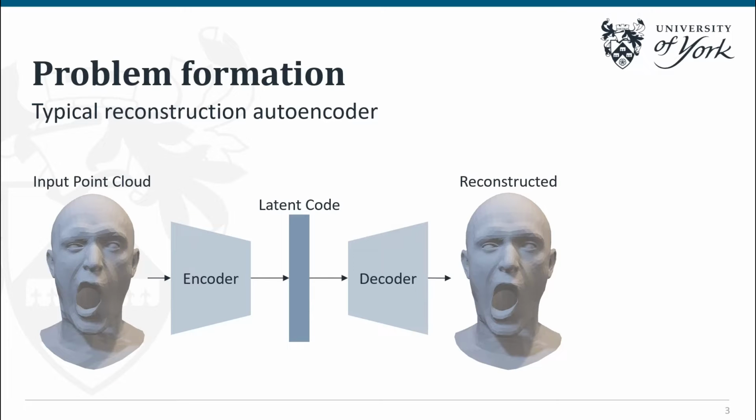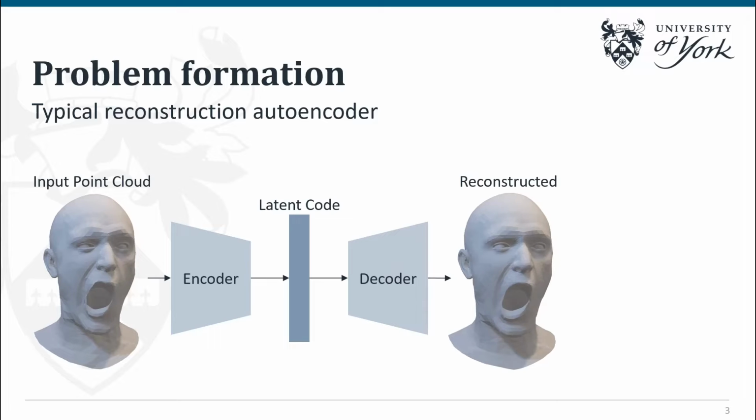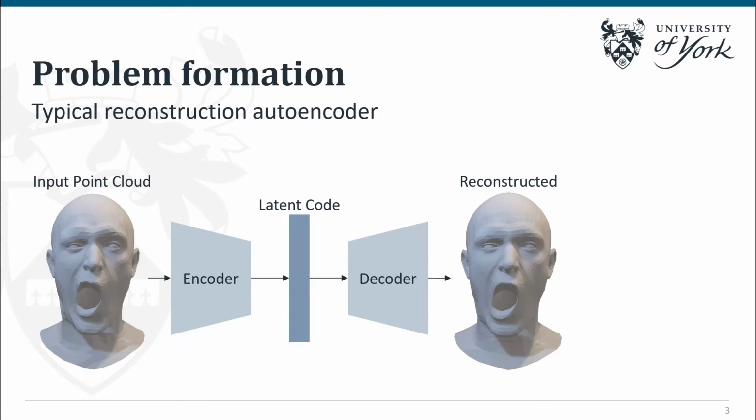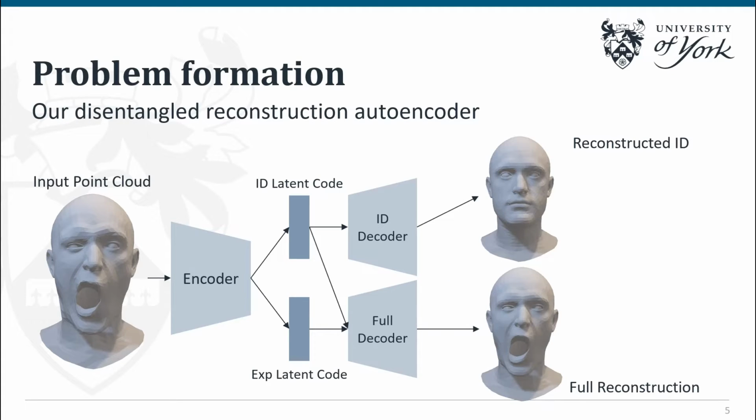To formulate the problem, we show a typical 3D face reconstruction autoencoder, where the method is trying to reconstruct exactly the input. It usually uses a latent code as a compressed representation of the input faces. Our method does a similar thing, but with identity and expression disentangled.